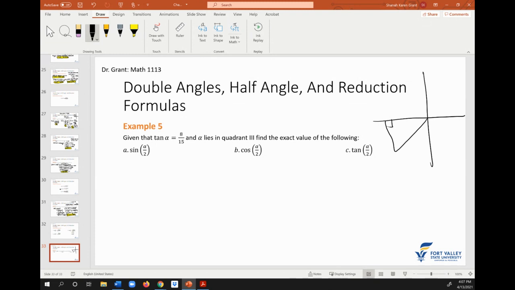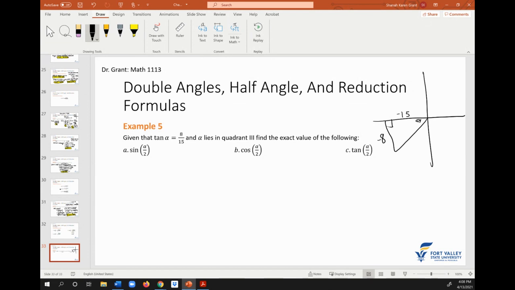So tan is going to be my opposite over adjacent, where theta is here. We know that these are both going to be negative.